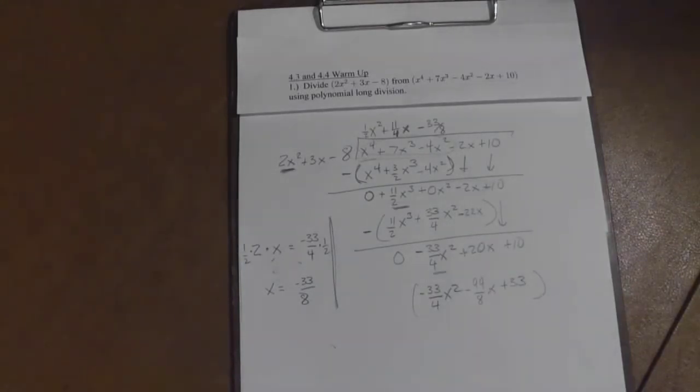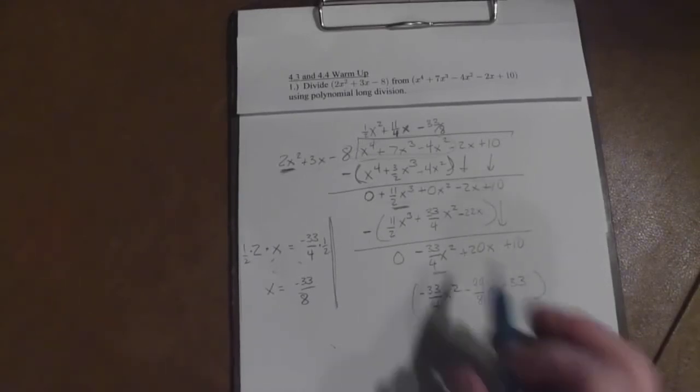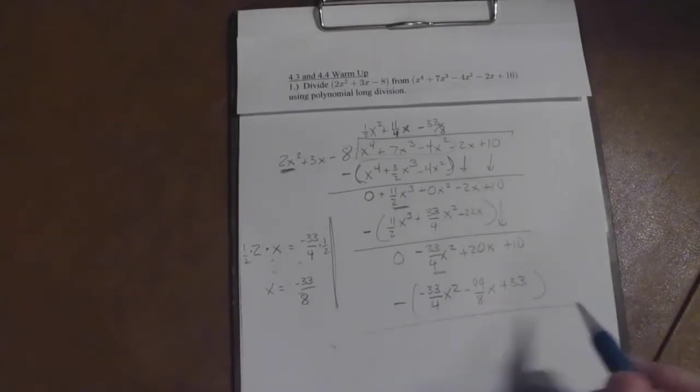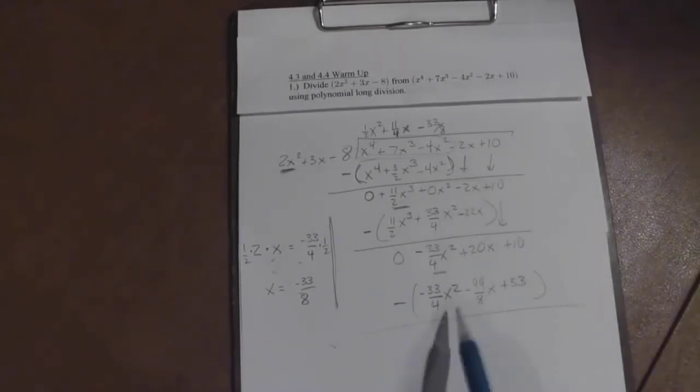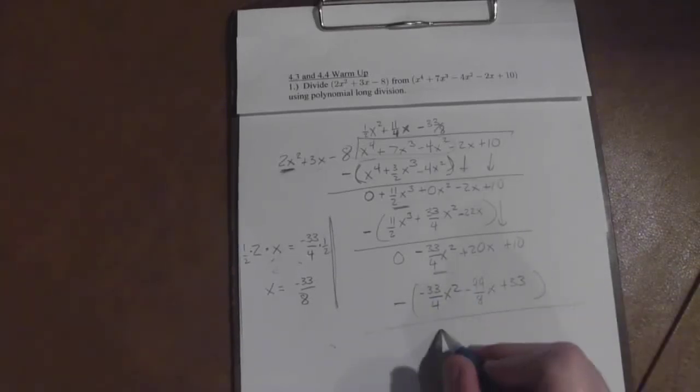And what I want to do here is subtract this quantity from above. Right? Take this entire quantity here again in this division process and subtract it from what we have above.